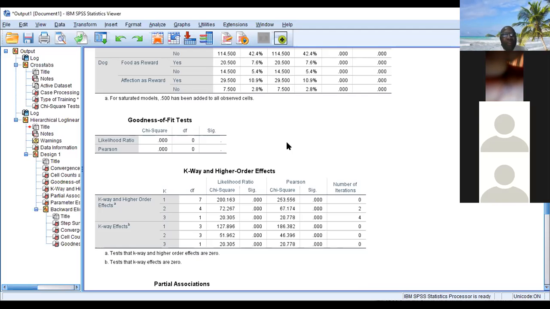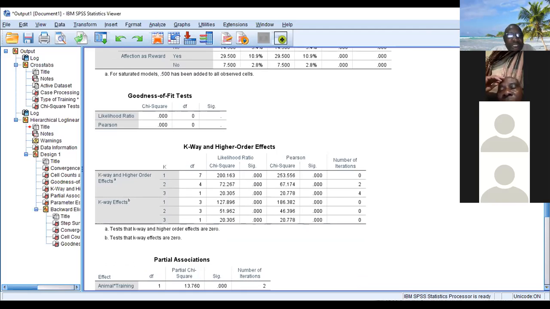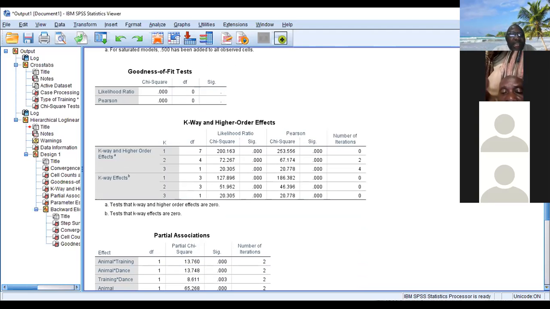Now let's look at K and higher order effect. Under K, you see it puts K and higher order effect.